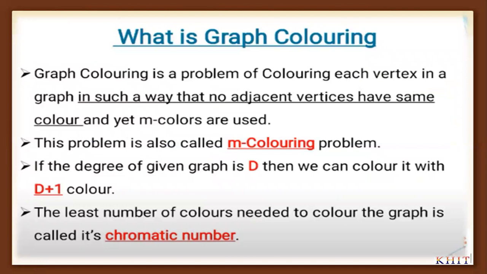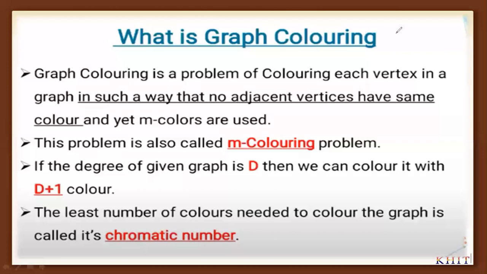The graph can contain some number of vertices, which are always drawn in the form of circles. Those circles are considered vertices. The graph coloring problem is a problem of coloring each vertex in the graph, and how you can color it we will discuss, in such a way that no adjacent vertices have the same color.